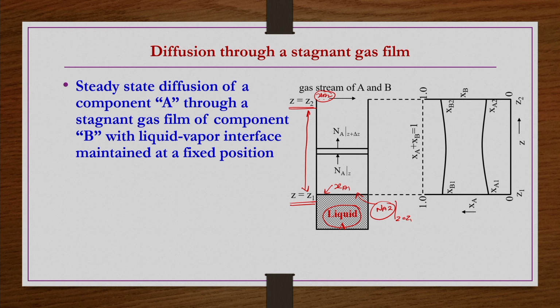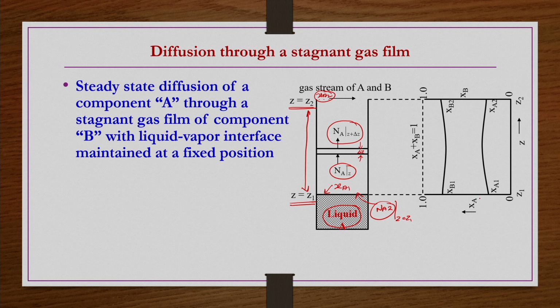Within this region we take a film of thickness delta Z and write a balance. The flux at location Z is NAZ, and the flux going out at Z plus delta Z is NAZ at Z plus delta Z.